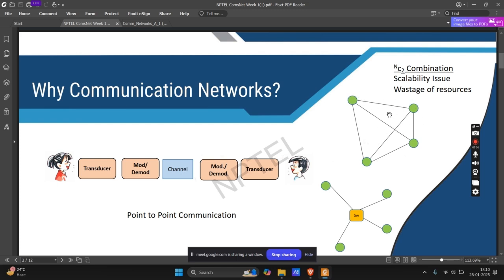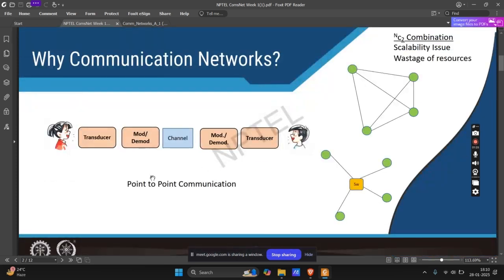If you are connecting in a star network like shown here, and this is a hub network, how many links will there be in the star network? There will be NC2 links. And when you are connecting in a hub network, how many links will there be? N links. If there are n computers or n nodes, then there will be n links.